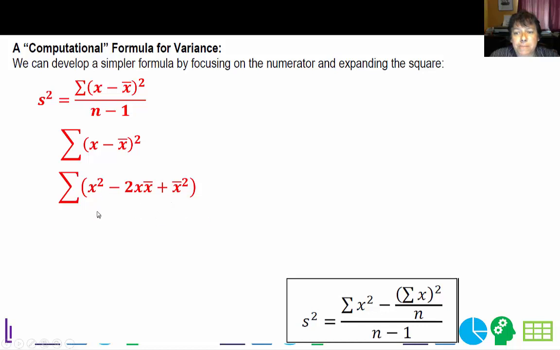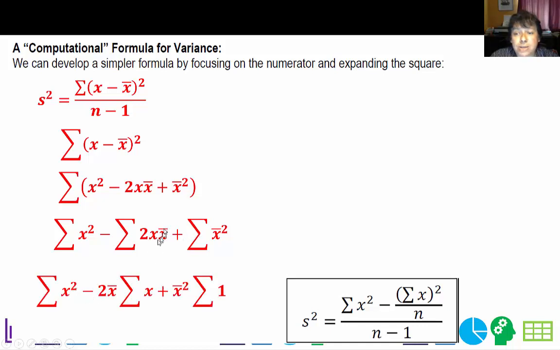Then I'm going to break it up into separate sums. And then I'm going to pull the constant out. X bar should just be a number, all right? And so the 2x bar comes out because that's just a number. The mean squared is just a number. I pull that out and I leave a 1 in. All right. So this is my formula here. Oh, and the thing is, if I have summing up 1 for n in the sample, I get an n right there. Now here's a cool bit.